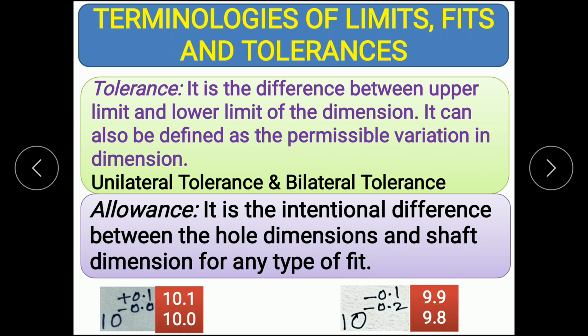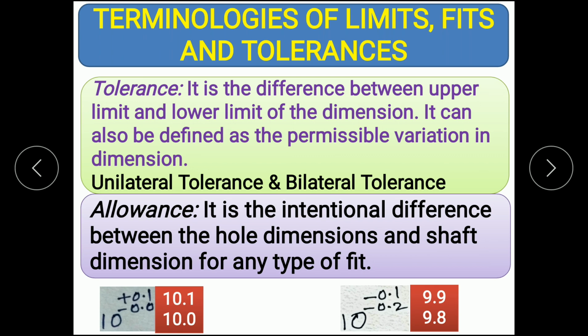Here you can see the minimum clearance between the shaft and the hole is 0.1. The minimum dimension of the hole is 10 and the maximum dimension of the shaft is 9.9, so there is always a clearance of 0.1 mm. This 0.1 mm gap is provided intentionally. That dimension is called the allowance.